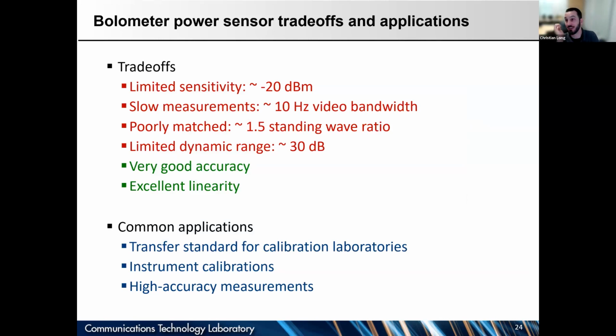So in general, they're not as good as what you might like for sensitivity and dynamic range and time resolution as some of the other kinds of power sensors we've discussed. But from a metrology perspective, they have this wonderful attribute that they're very linear.